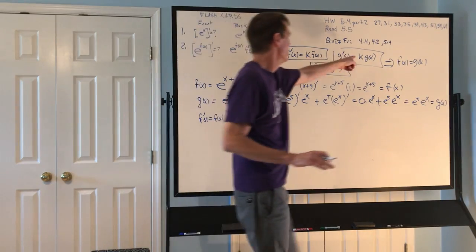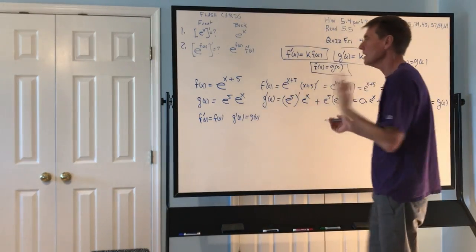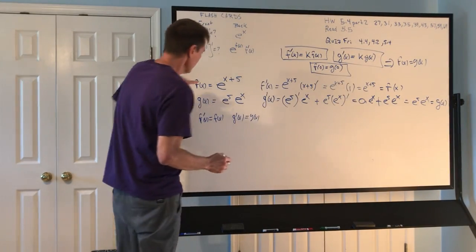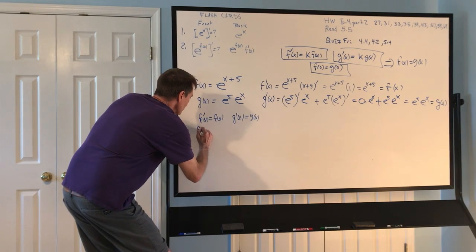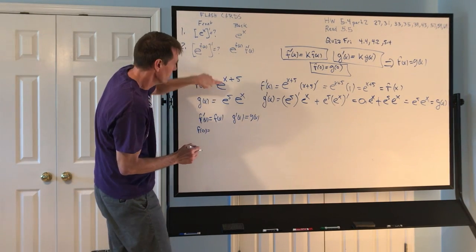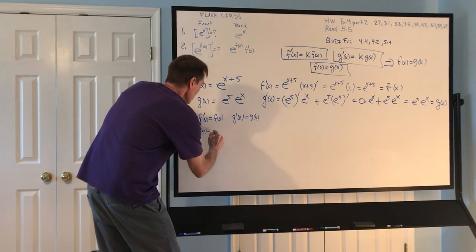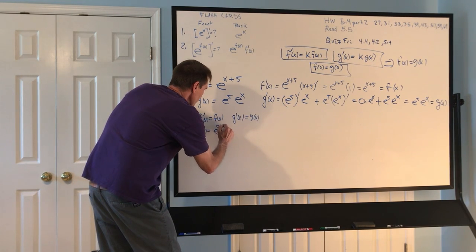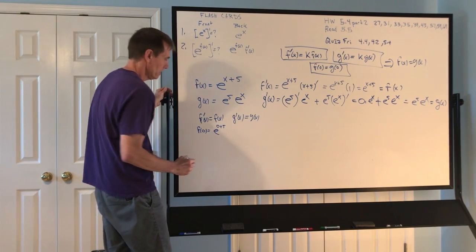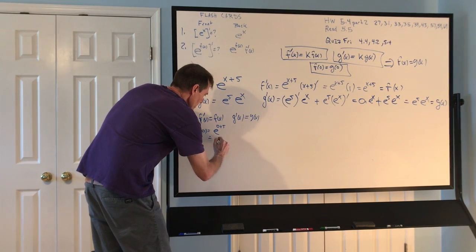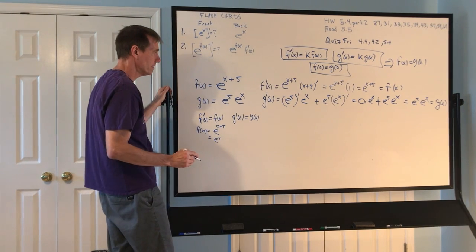Now let's look at f of 0. So let's plug a 0 in. f of 0 would be equal to, wherever I see an x, I'm going to put a 0, e to the 0 plus 5, which is just e to the 5.